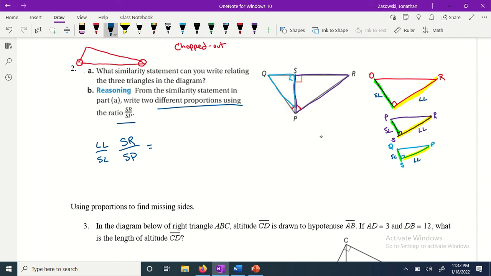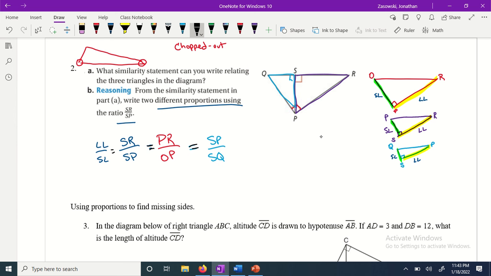In the really big triangle here, the long leg is PR over the short leg, which is OP or PO. And then in our final triangle, we have the long leg, SP, over the short leg, SQ or QS. And that would be our proportions: long leg over short leg. That's all we're going to do.